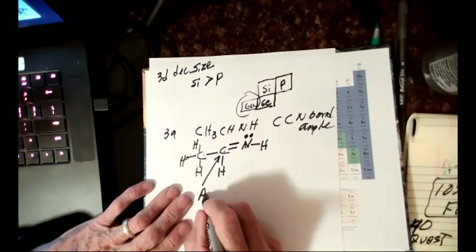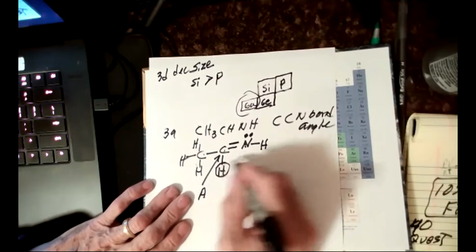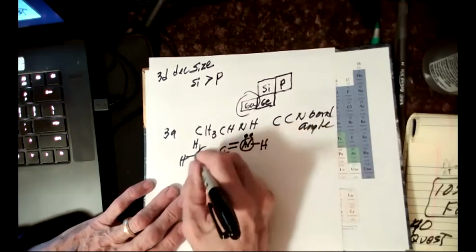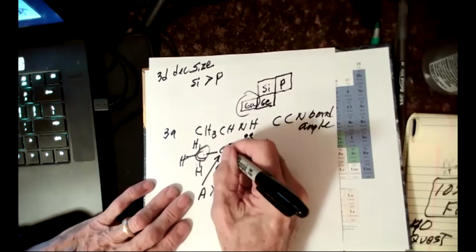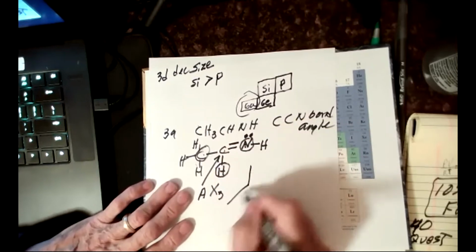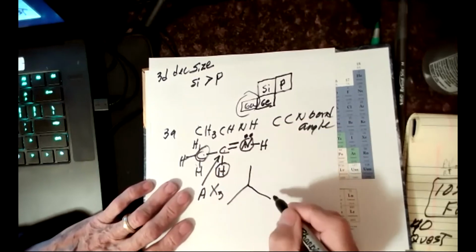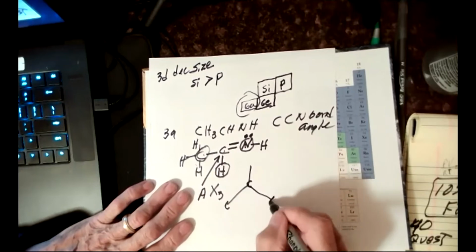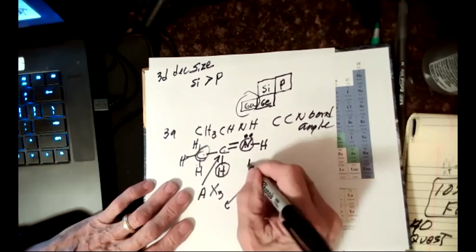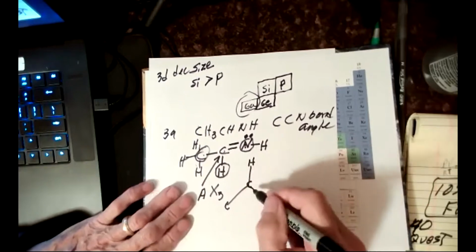Well, it's the central atom. It's attached to 1, 2, 3 other atoms. It's AX3. It has no lone pairs. AX3 is trigonal planar. So that's one of my carbons, that's one of my carbons, that's a nitrogen, and that's a hydrogen or whatever.